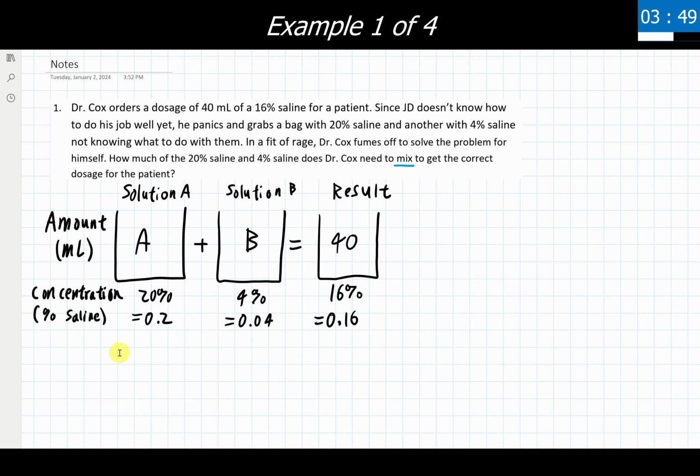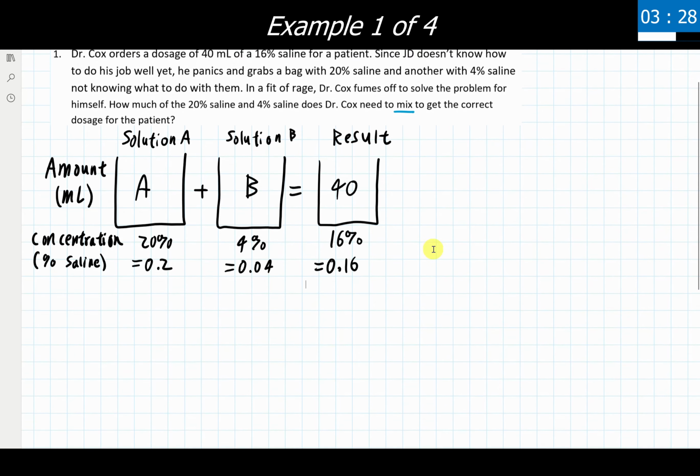And now, making our actual equations here, we have two really nice ways of figuring those out when we have percentage and mixture problems like this. The amounts will always add together to equal the result. That's why we like to write them in this form: A plus B equals 40. So right there is our first equation.